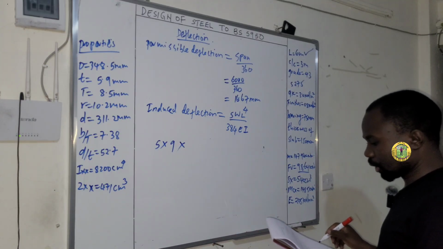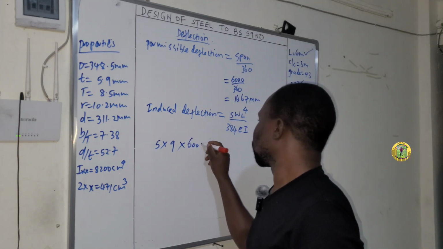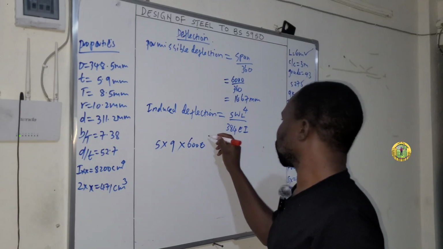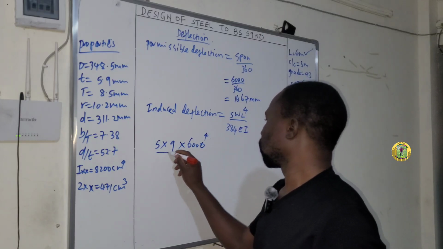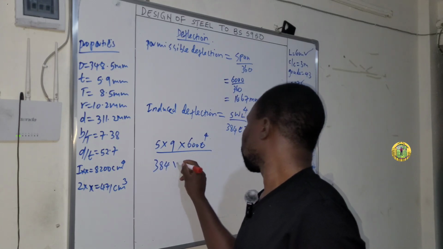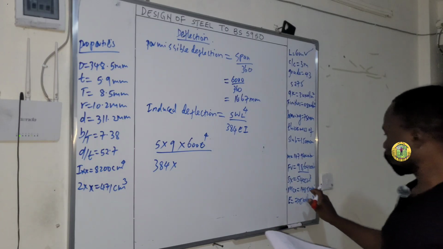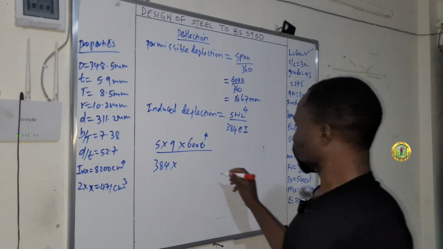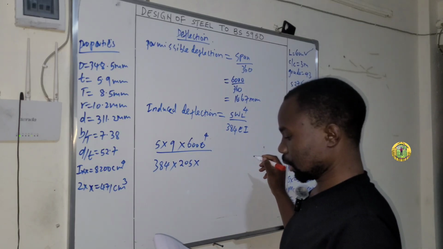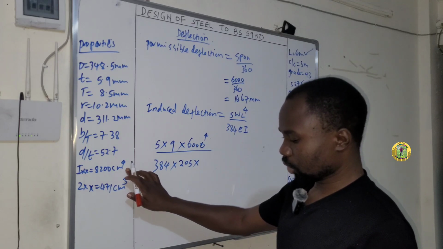Our length is 6 meters, so you convert 6 into millimeter. So it will be 6,000 raised to power 4 all over 384 times Young's modulus, 205, times I. I is here 8200.